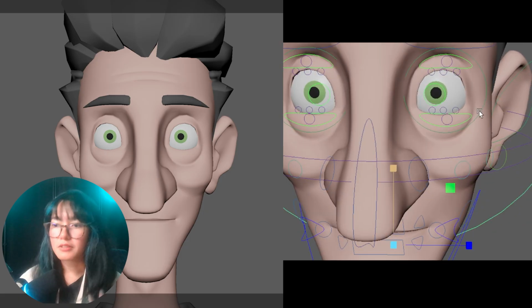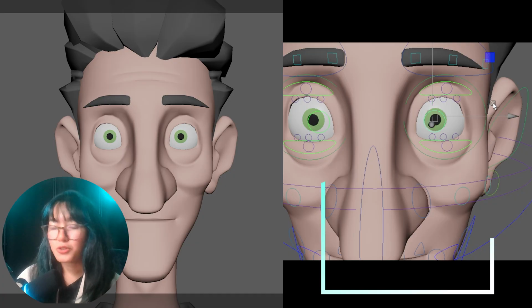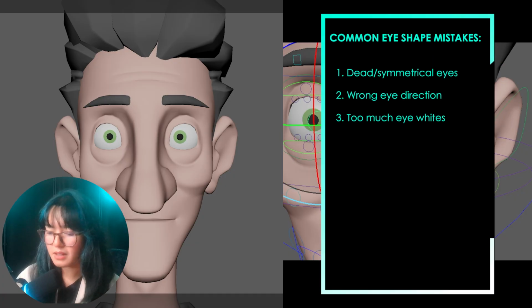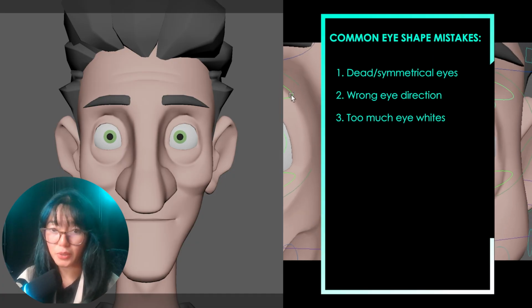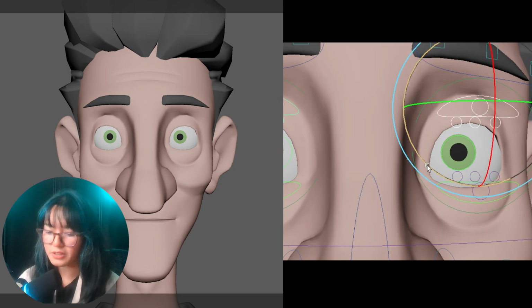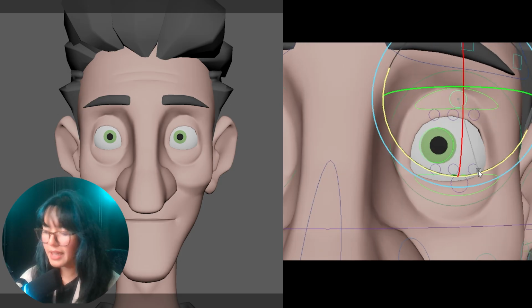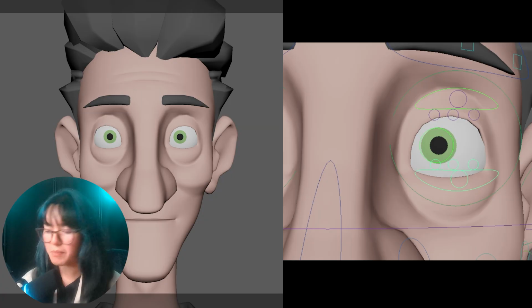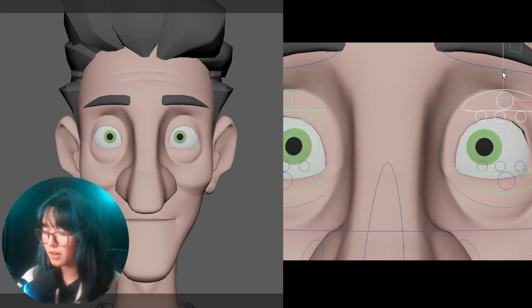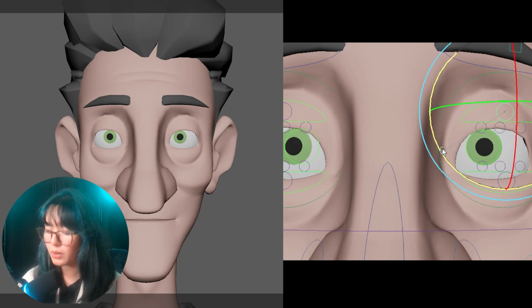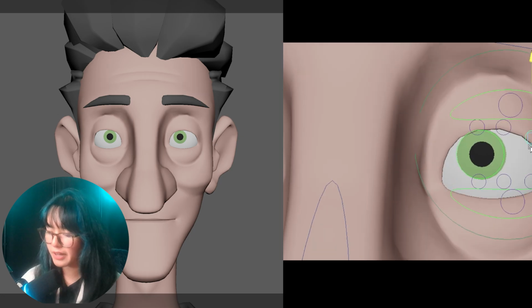Number 3, too much eye whites or too much sclera showing through the eyes. A lot of rigs online normally tend to have a cartoony shape where the majority of the whites are showing, or they tend to go with a very small pupil and iris.